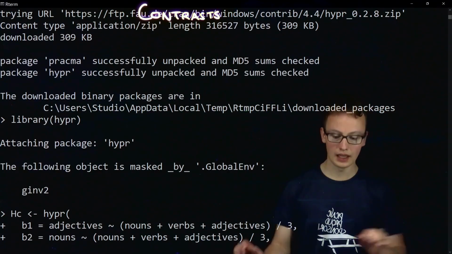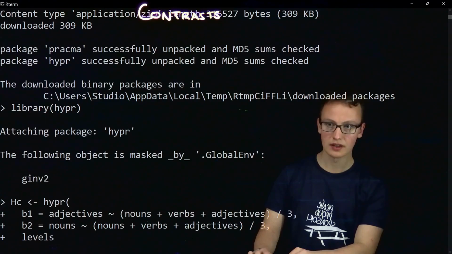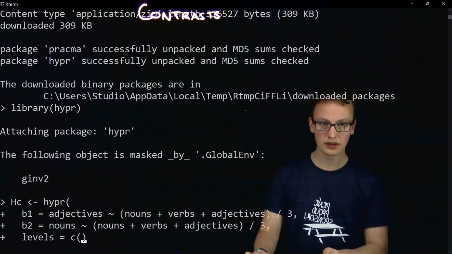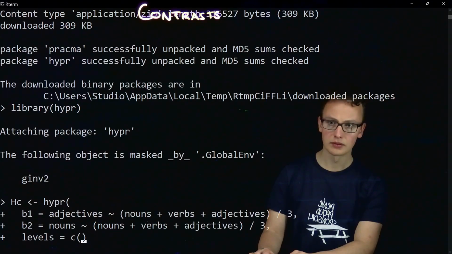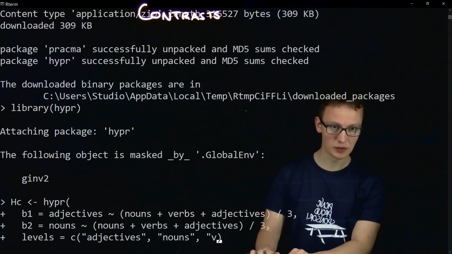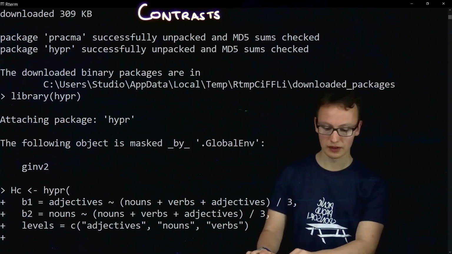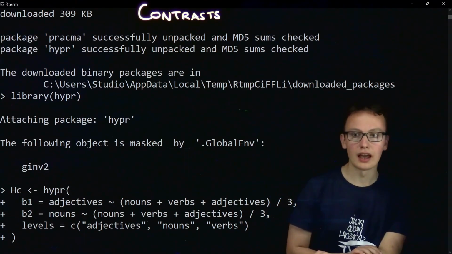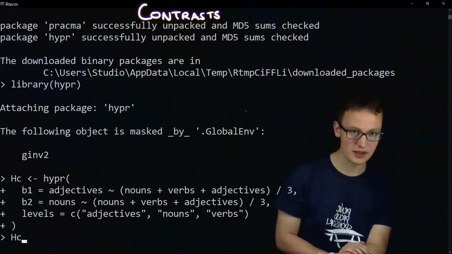Okay, and then in the next line we would specify what our levels are. So in this case it's adjectives, nouns and verbs, in the correct order, so let's stick to the original order that we had, and then we can close the bracket, and so we can create this.